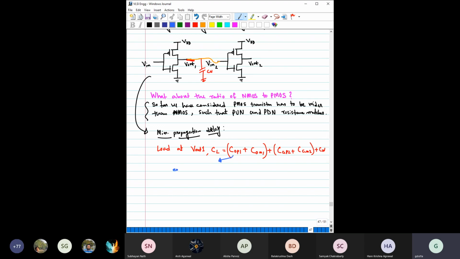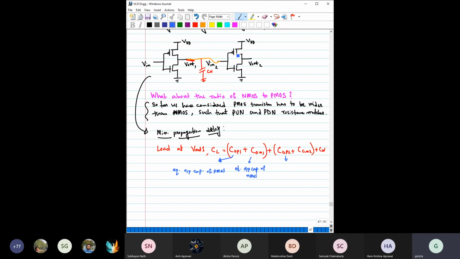This is the equivalent output capacitance of the PMOS. What is CON1? This is the equivalent output capacitance of this NMOS. What is this CGP2?